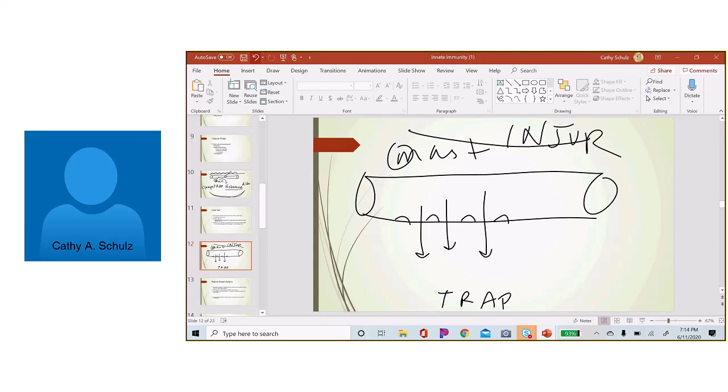So that means histamine, when it causes contraction of endothelial cells, increases edema.